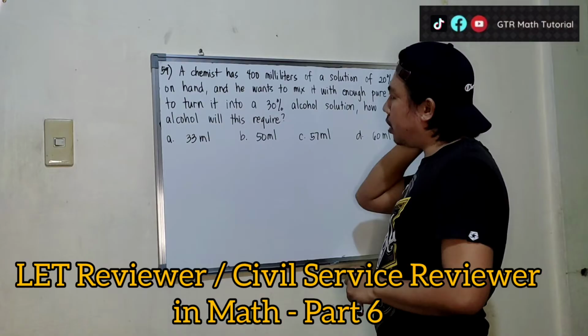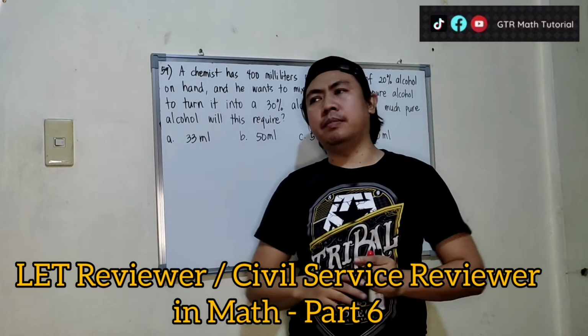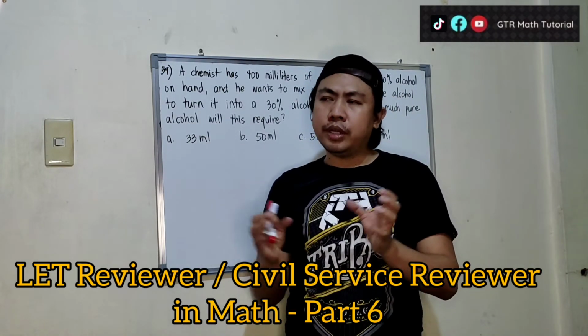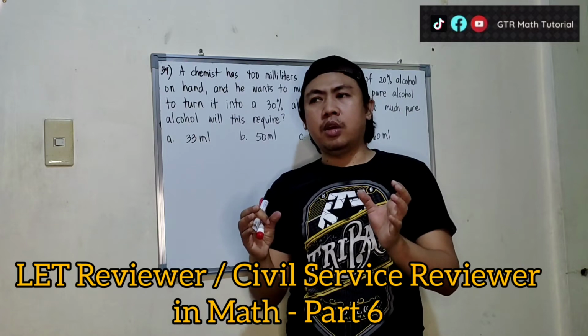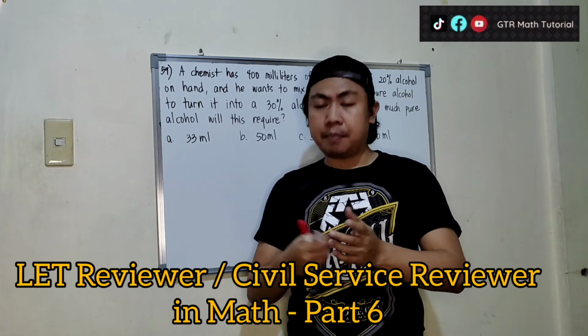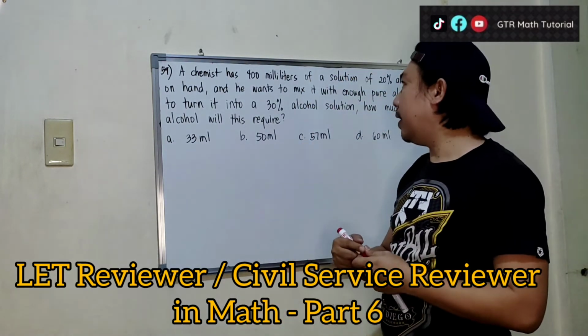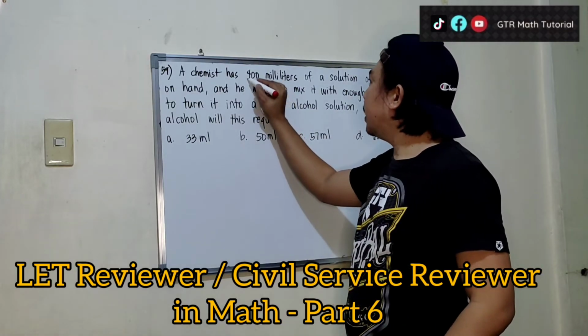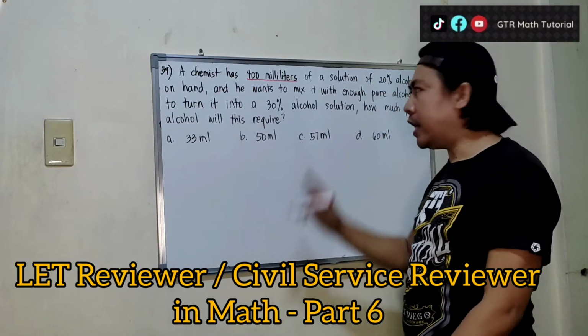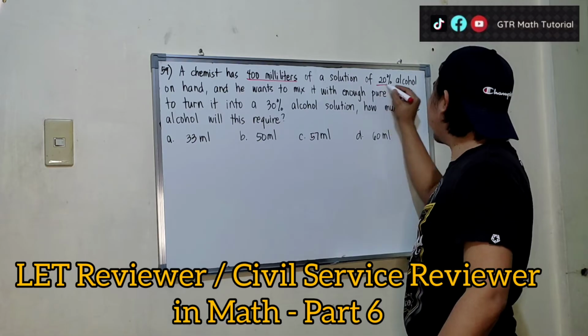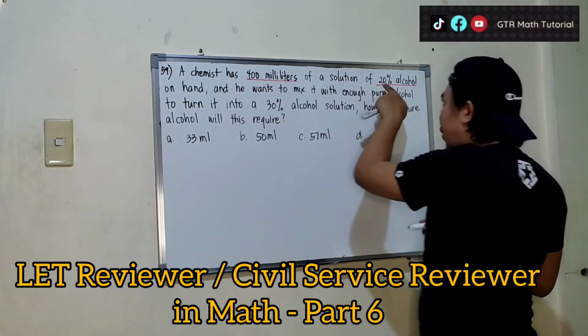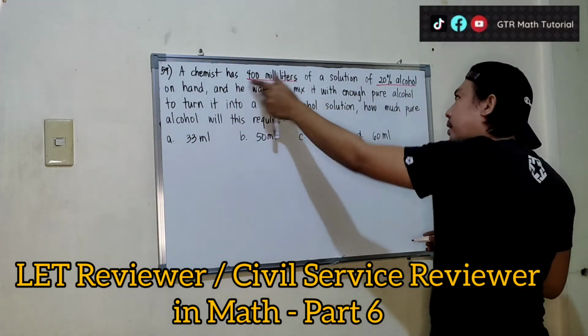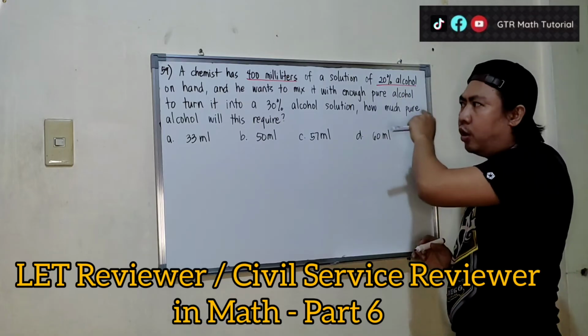So pag magsusolve tayo ng mga mixture problem, so karaniwan paghahaluin natin yung dalawa, yung kakalabasan nun, nasa pagitan dapat nila. So gaya nito, ang given natin, we have 400 milliliters of a solution of 20% alcohol. 400 and 20% doon alcohol.